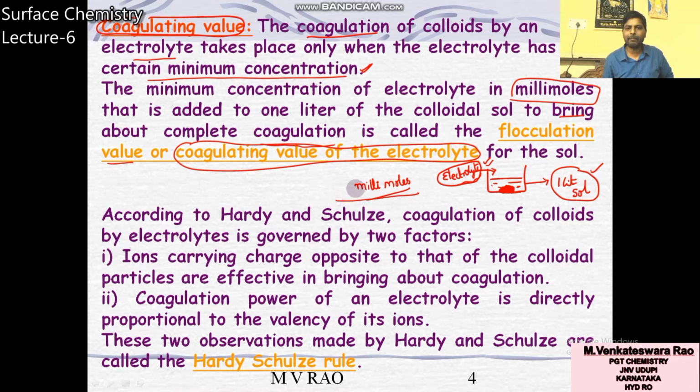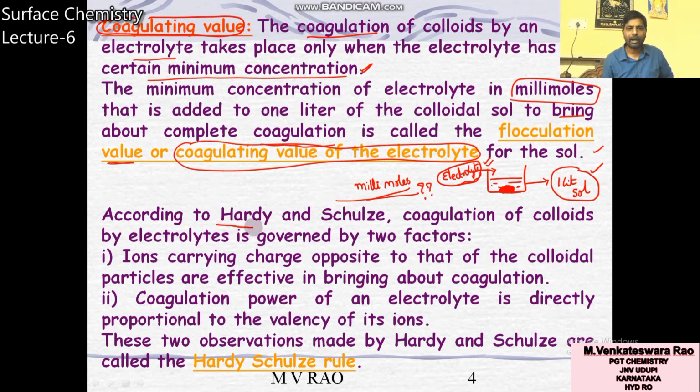How many millimoles of electrolyte is needed, that amount is called the coagulating value of the electrolyte. The minimum concentration of electrolyte in millimoles added to 1 liter of the colloidal sol to bring about complete coagulation is called the flocculation value or coagulating value of the electrolyte for this sol.